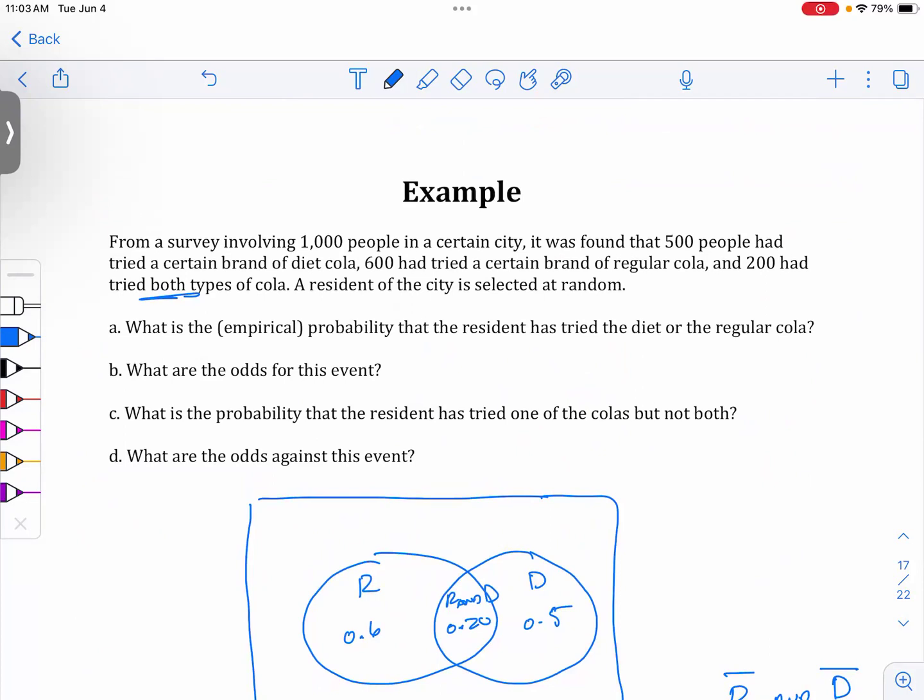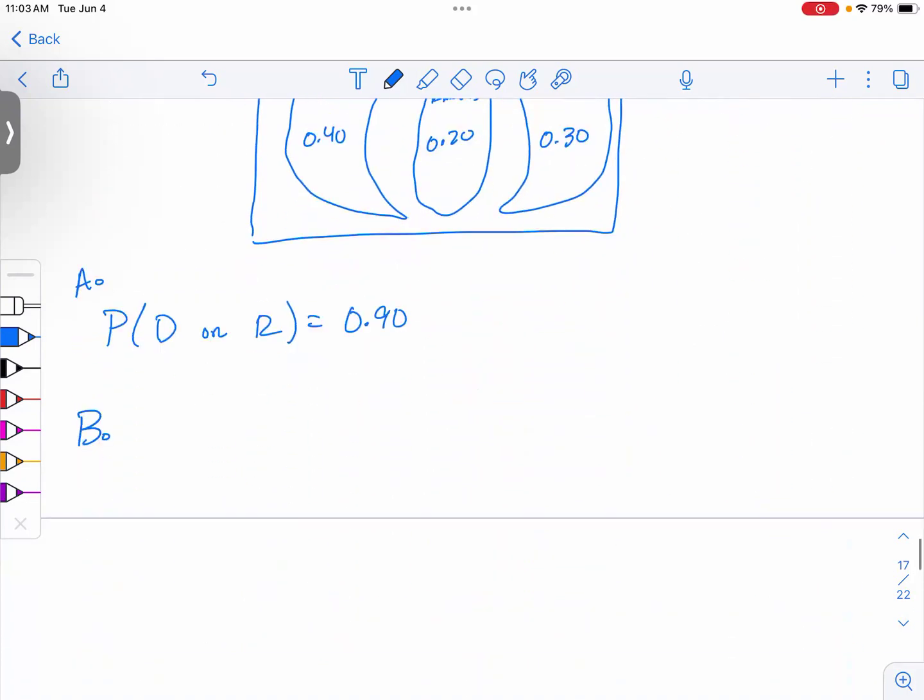What are the odds for this event? 90% is 9 out of 10. So the odds for: there are 9 chances that it does happen. Remember that 9 plus some number must make 10, which means there's 1 chance that it does not happen. So 9 to 1.